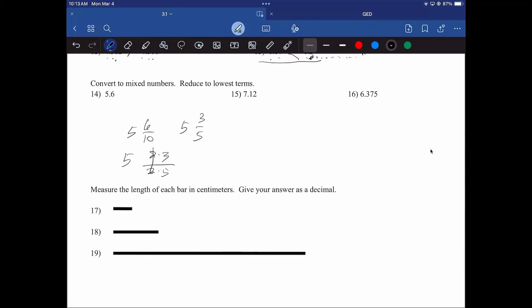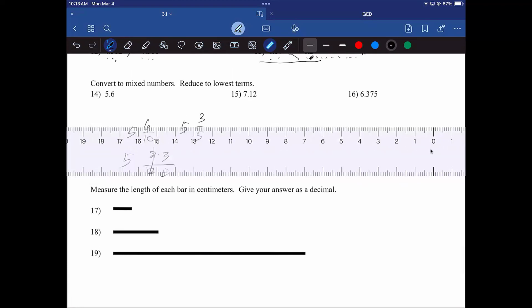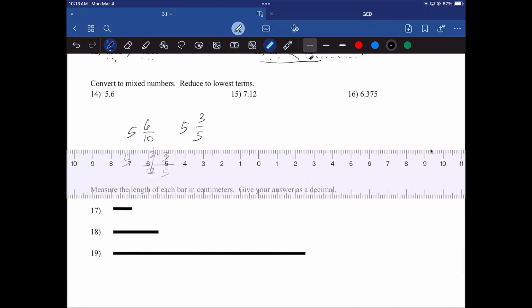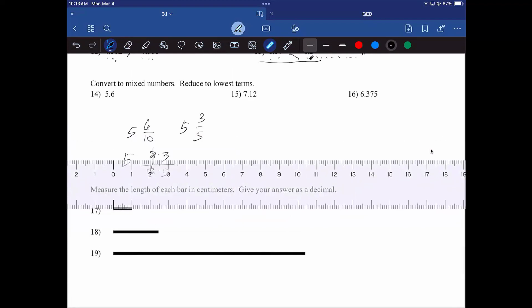Measuring this in centimeters, I'm going to use a ruler. And I'm going to start over here. It must be a magic ruler. So a centimeter is 10 units. And it's represented on this. We've got the 0. Oh, it's not letting me mark. Let me do this.